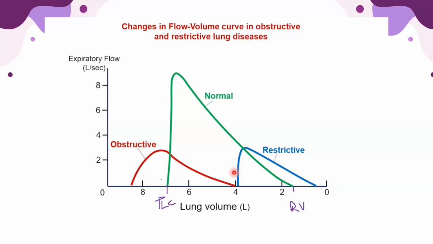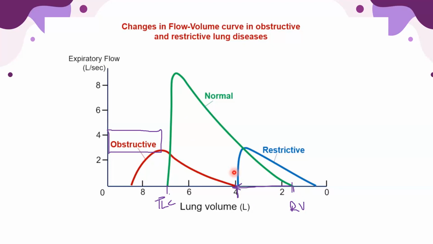Now we come to obstructive disease. Like we talked about, this is a problem of exhalation. Air gets trapped inside the lungs. So you can see that your residual volume, which is normally here, has now increased to around 4. Same thing with total lung capacity.